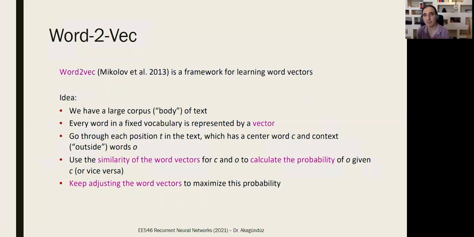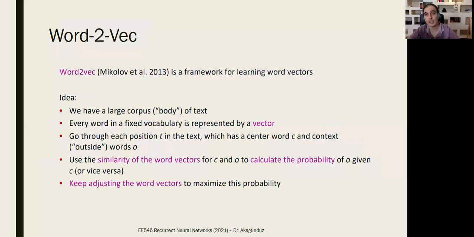So the idea is you have a large corpus, a body of text, your context. Every word in a fixed vocabulary is represented by a vector, the word embedding. So you go in the text, you just take into consideration the positions of words in the text. How? Depends on your algorithm. There are different types and different approaches in word-to-vec algorithms.